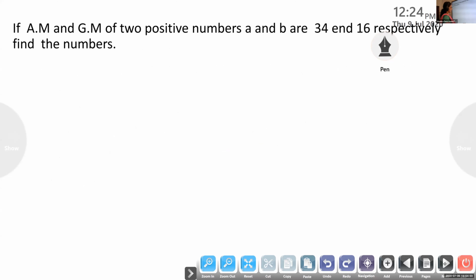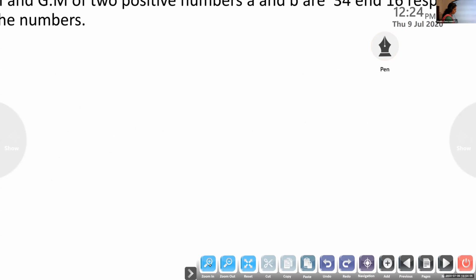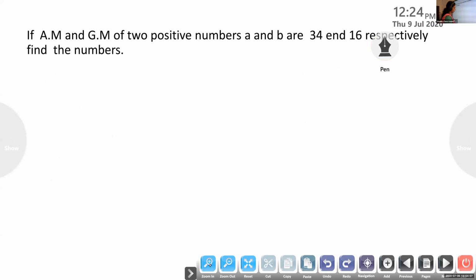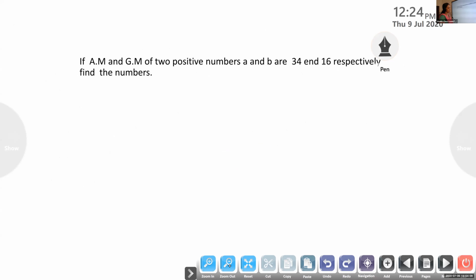Now listen to this question. What is given in the next question? If the arithmetic mean and geometric mean of two positive numbers a and b are 34 and 16 respectively, find the numbers.